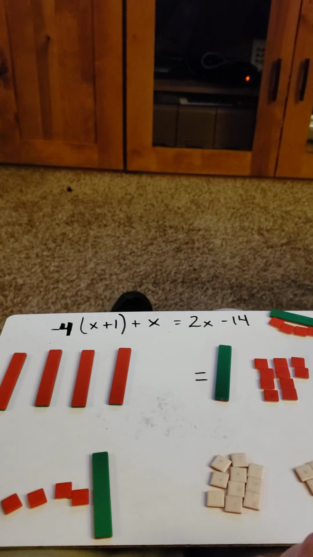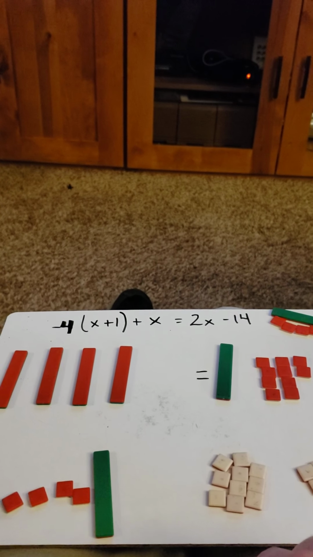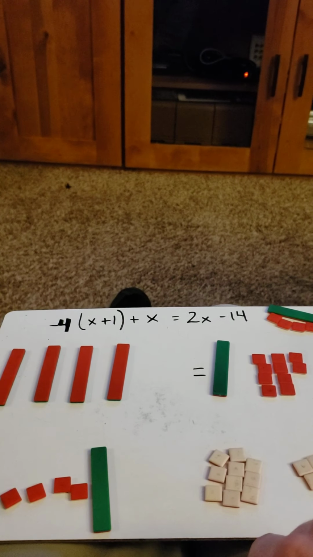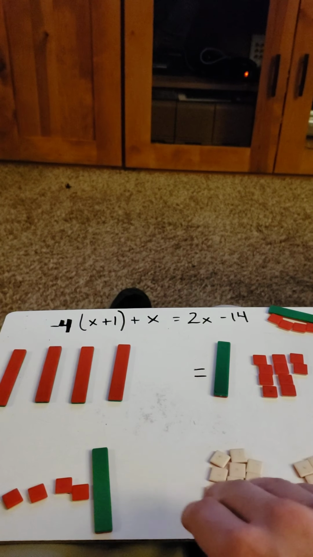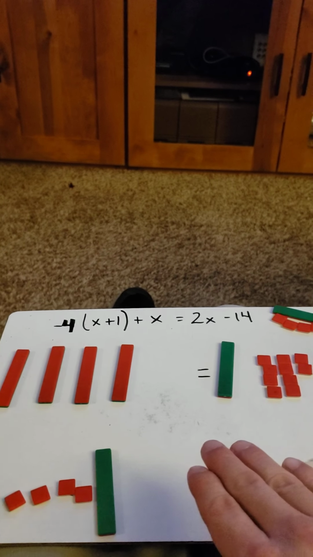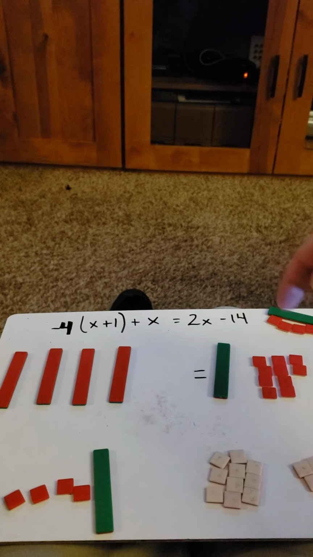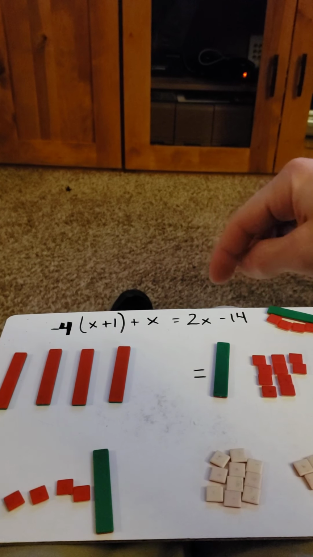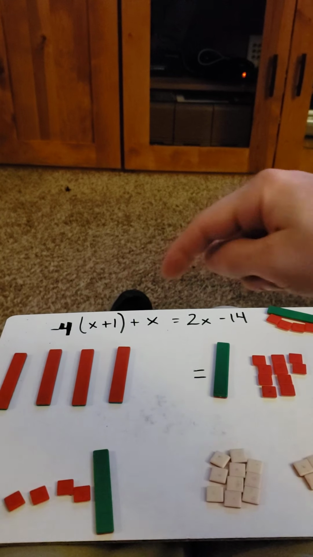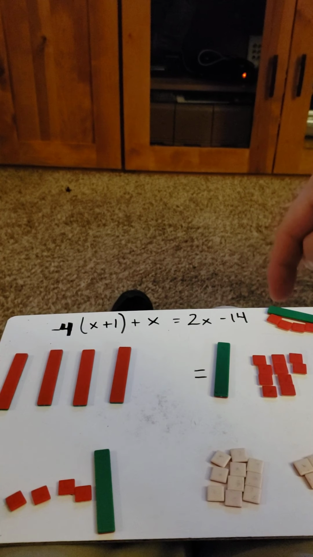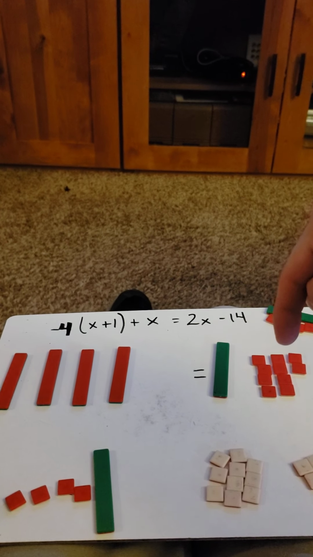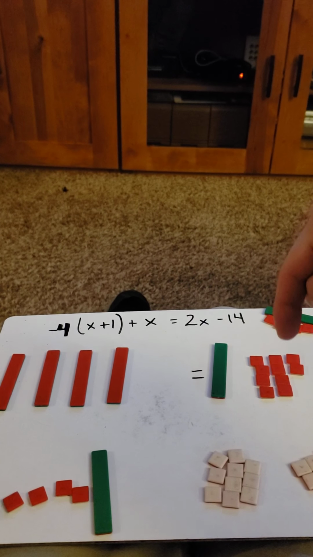The next step we can do to solve this problem is add in a zero pair. At this point we want to get one of these different groups by itself on one side of the equal sign. We have the negative x's, the positive x, and the negative constants, and we want to get one on one side.